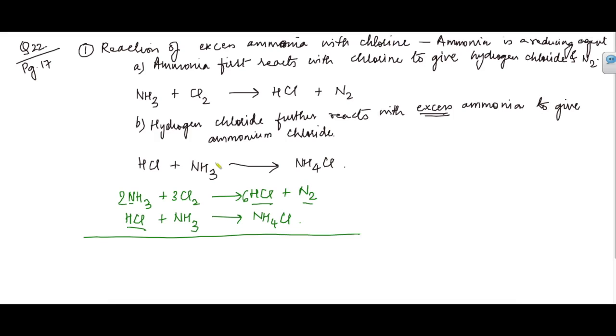To cancel them out effectively, I will multiply the second equation by 6. On doing that, I'm increasing the molecules in the second equation by 6. So it becomes 6 HCl, 6 molecules of ammonia, and 6 molecules of ammonium chloride. After making sure that the common molecules can be cancelled out, another molecule which is common in step 1 and step 2 is ammonia.